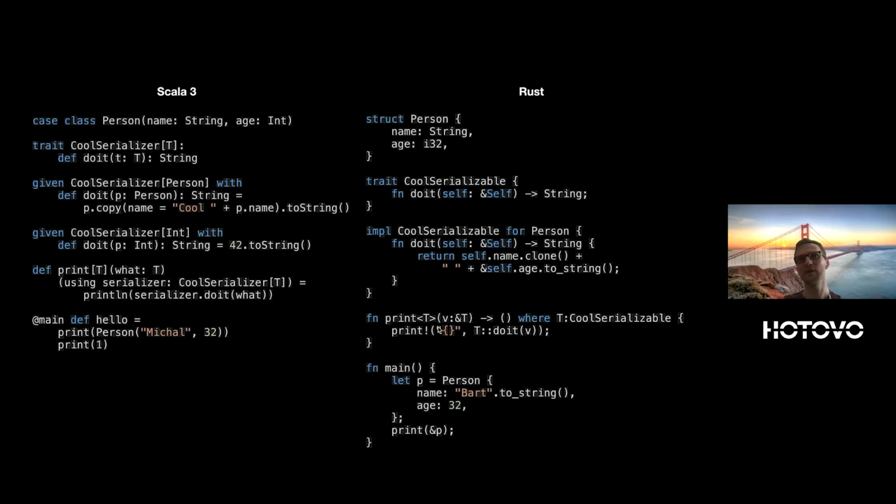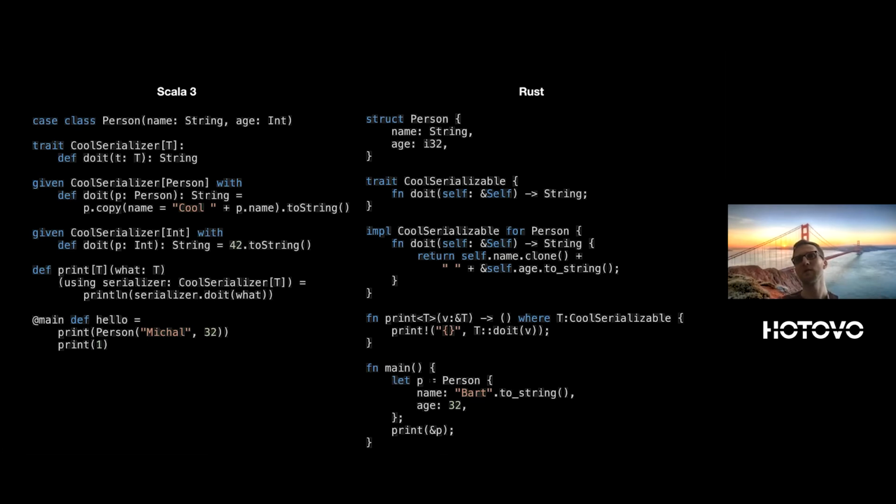Now here is our generic function print again, and it does something similar: it takes in an object of type T, but this is the type constraint that I talked about. So it's not just any T, it has to be a T which is CoolSerializable, and so it can call the methods on this trait.